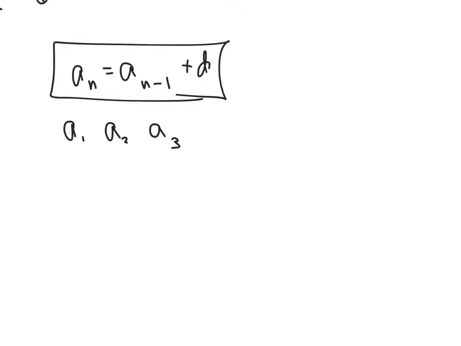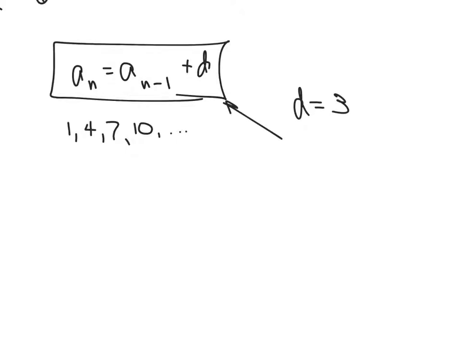So, for instance, let's use the example that I gave you a little bit ago. 1, 4, 7, 10, ... The common difference is 3. And let's say that we use this formula. Let's say that we want to find the next number in this series here.